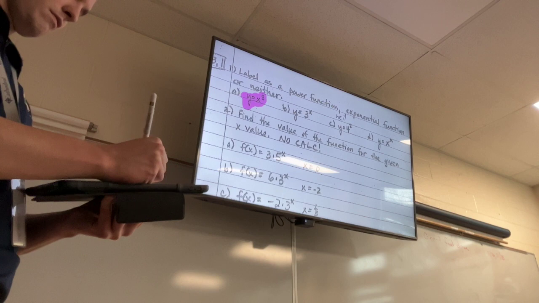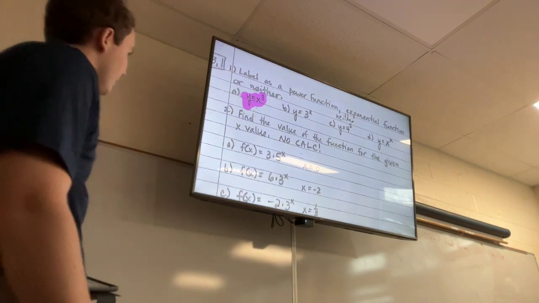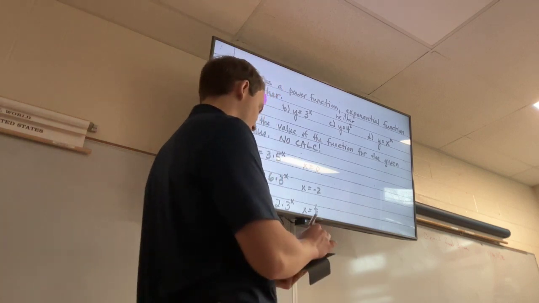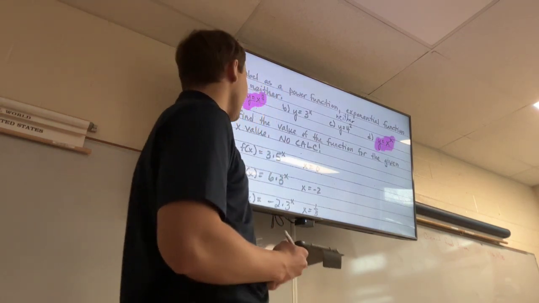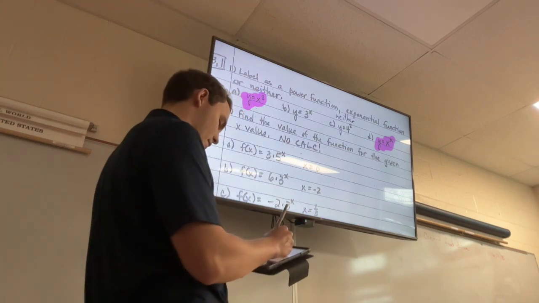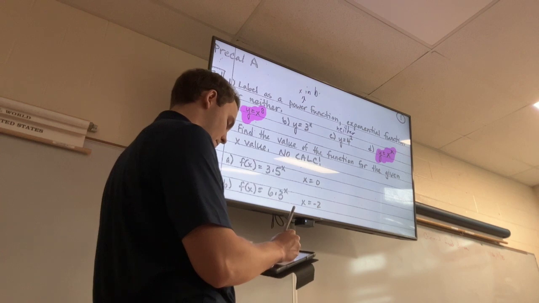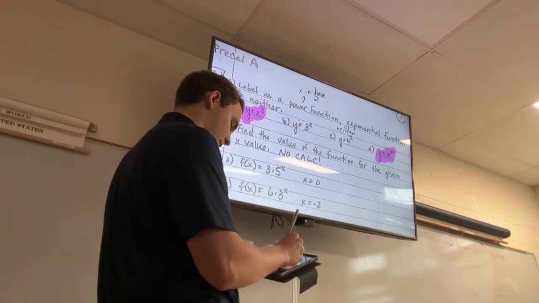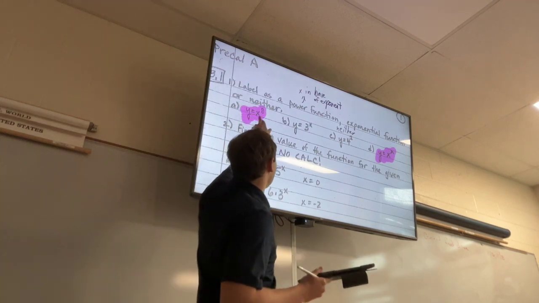Does it have to have an x? Yeah, it has to have an x. So D is a power function too, yep. A power function has an x in the base of an exponent. The base of an exponent is the number that gets raised.